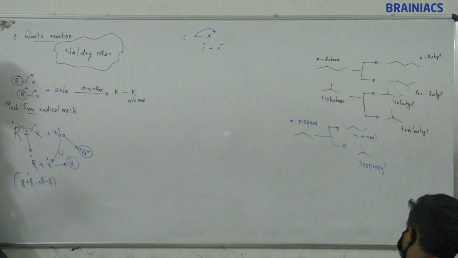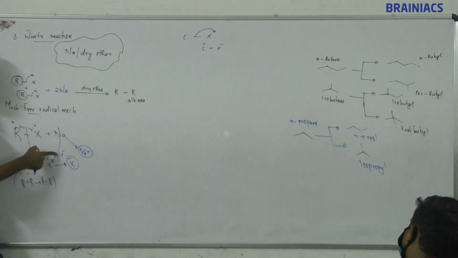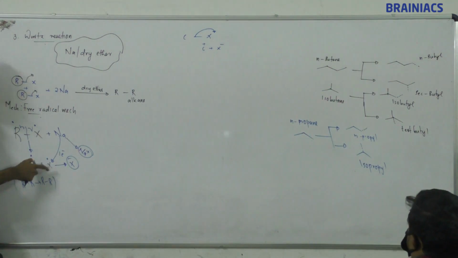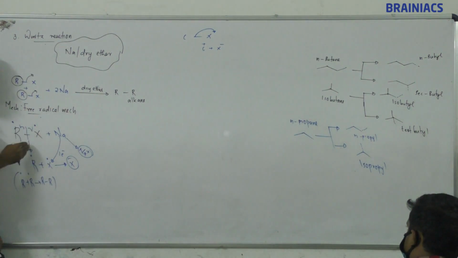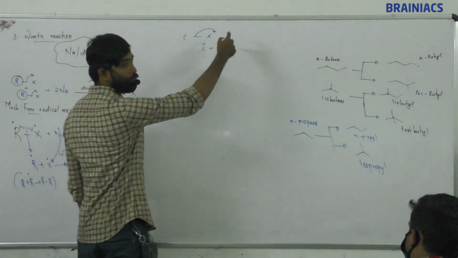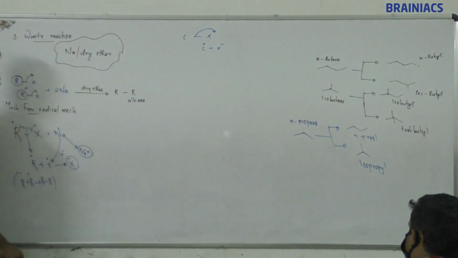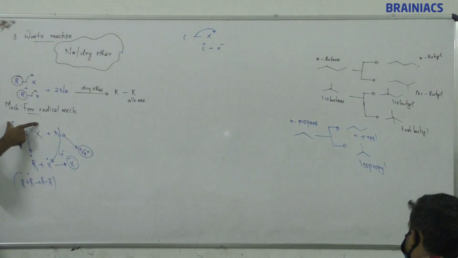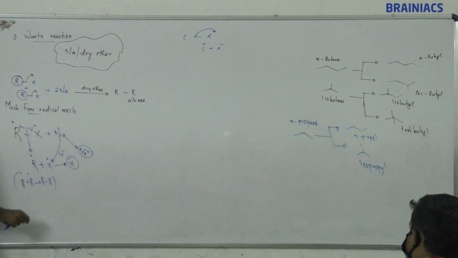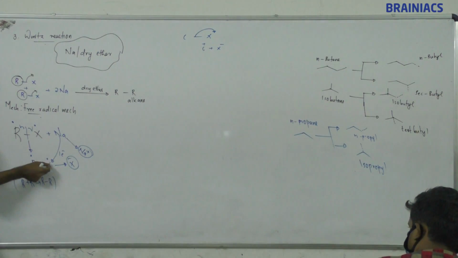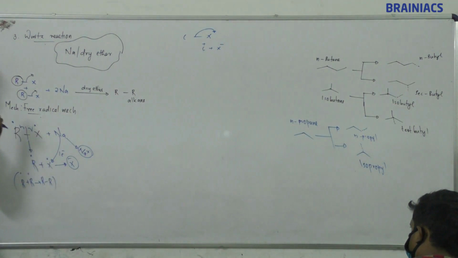Okay, so this reaction proceeds in a free radical mechanism if and only if sodium supplies an electron to halogen. Then only the cleavage is homolysis. Otherwise, the cleavage will be heterolysis. So here the cleavage is homolytic because the sodium offers one electron to halogen. For that, your sodium should be sodium metal.